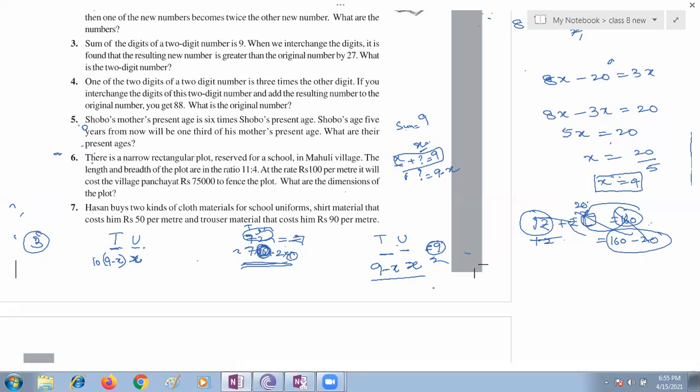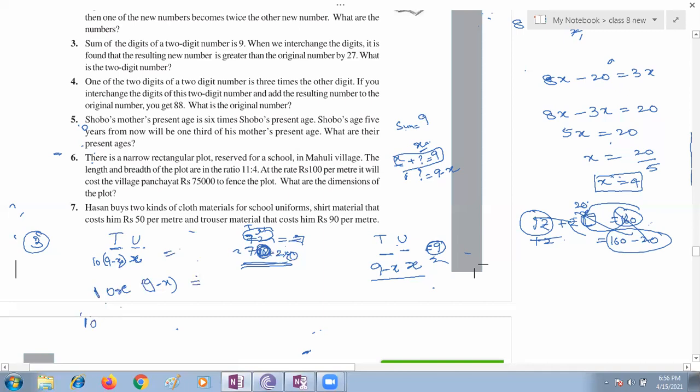Let me take the interchange of the digits. This becomes 10x, because I am interchanging the units place digit with the tens place digit, and the other is 1 into 9 minus x. Now you have to sum up, children.